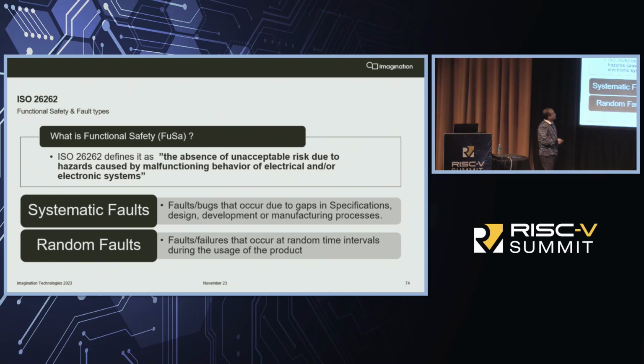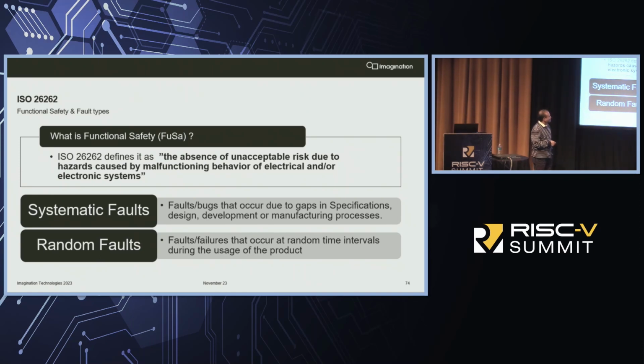A quick definition of FUSA for the people who don't know what it is about. It is functional safety as defined by ISO 26262. It is the absence of unacceptable risk due to hazards caused by malfunctioning behavior in the electronic system. What causes the hazards is the faults or bugs that can be there in the design. The root cause of these faults or bugs could be of two kinds.